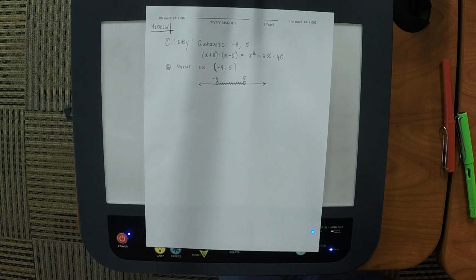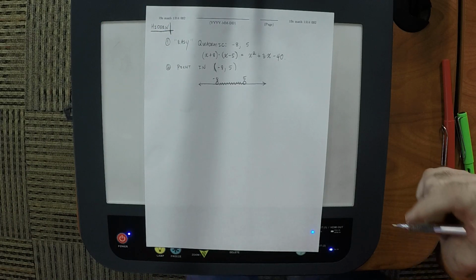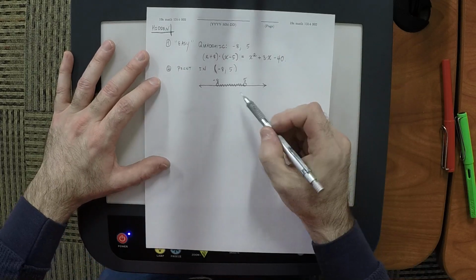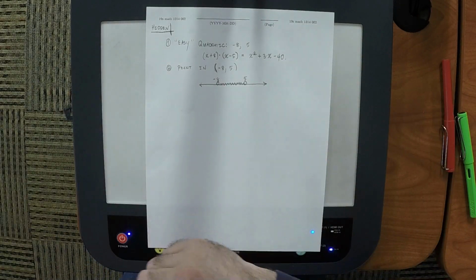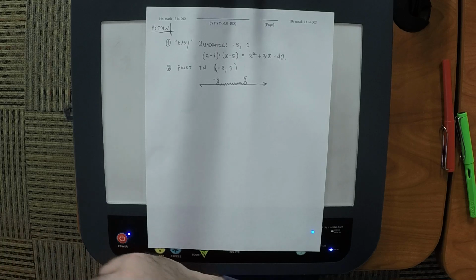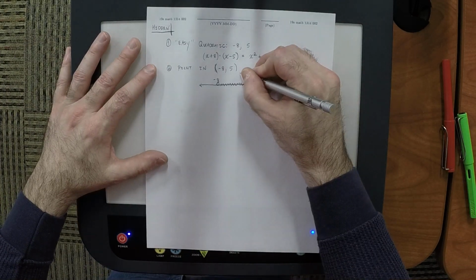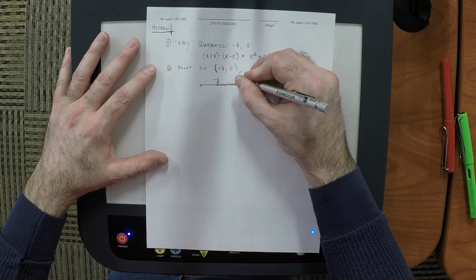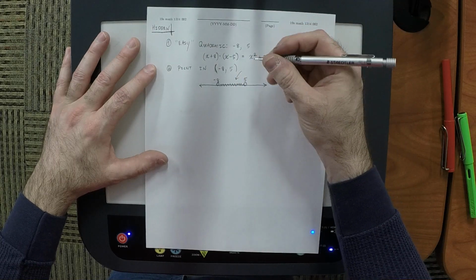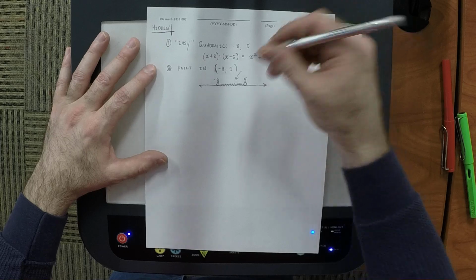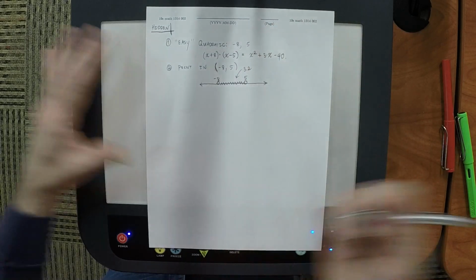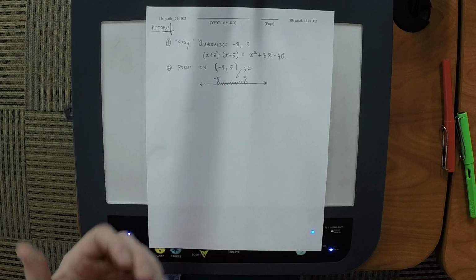And then, just to make it slightly adventurous, since we made this one an easy quadratic, I'm going to choose a number that's in here, but it's not going to be an integer. So how about we choose something like, I don't know, 3.2. All right.